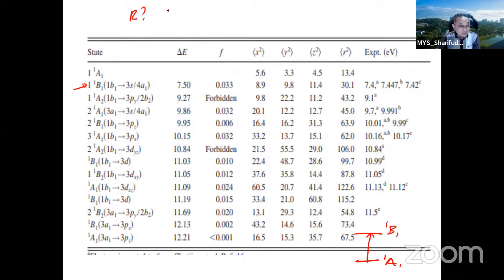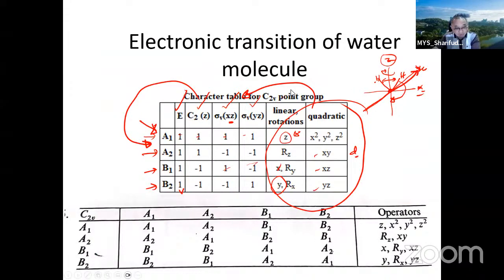In order to do that, we have to do this. We have A1, a direct product with this, and a direct product with B1. What is the result? What's inside here? I told you just now that the dipole moment operator is either X, Y, or Z. Now X, Y, or Z, what are the representations?